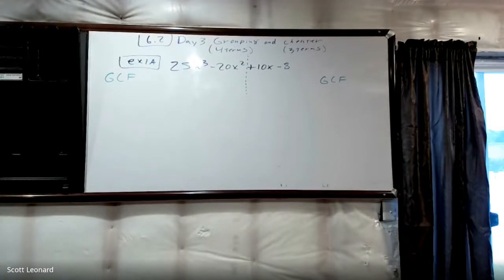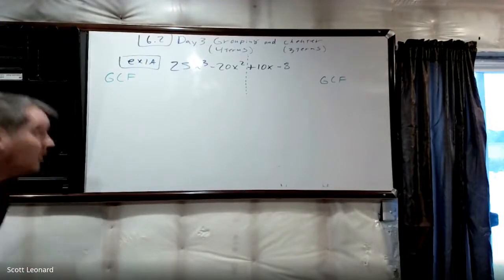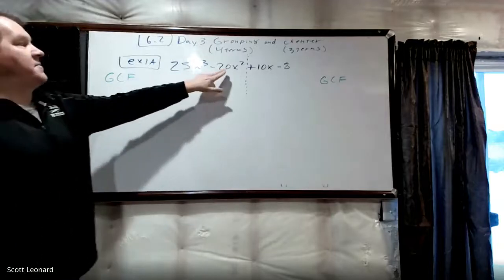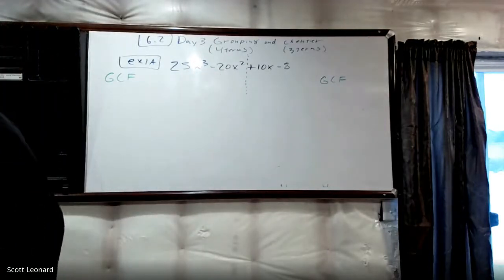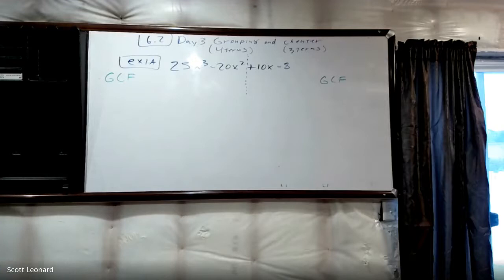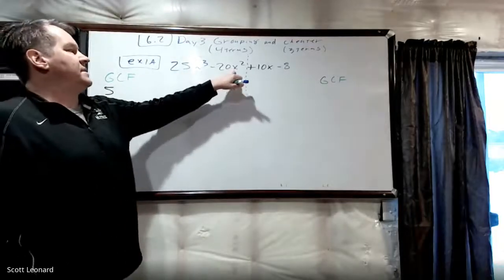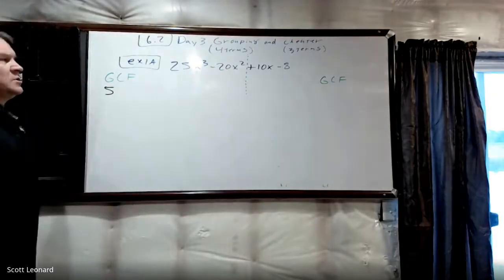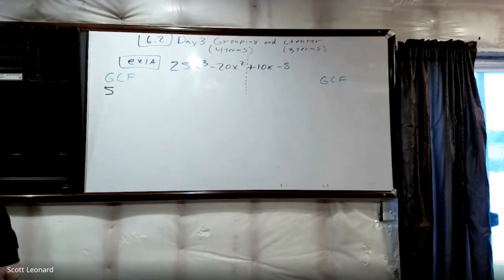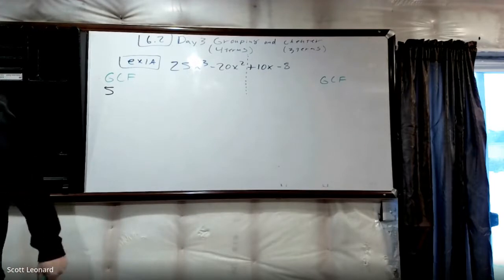All right. So if I look at the first 2 terms, what is the GCF of 25 and 20? 5. Okay. What is the GCF of x to the 3rd and x to the 2nd? This once again goes back to Tuesday's lesson. X squared.